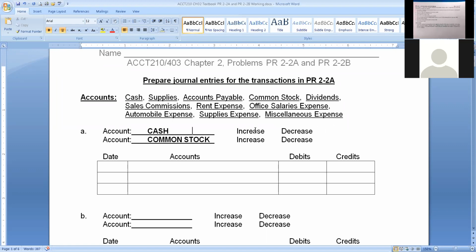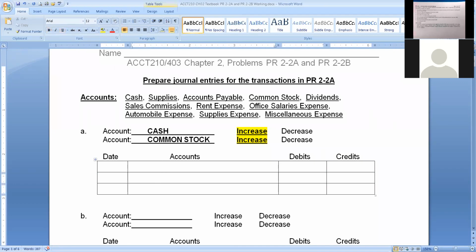More. There we go. And how about common stock? Do they have more owners or less owners? More. Good. Yeah, right. They had 0 owners before, right?